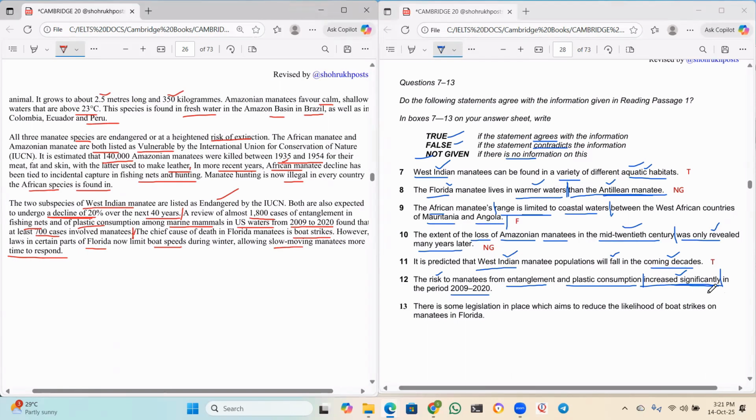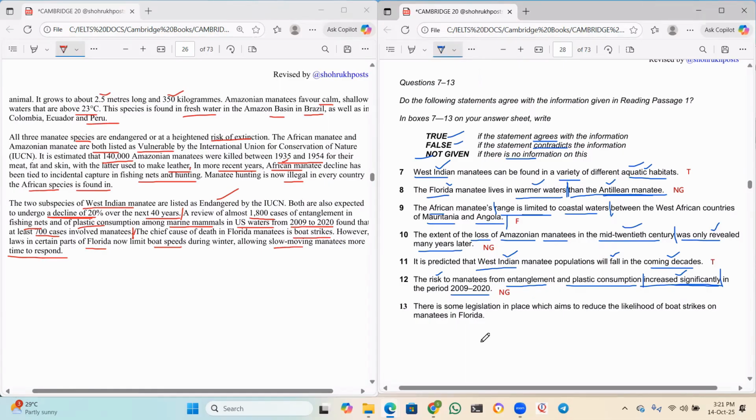We don't know whether it has increased or decreased in that period. No, it is not given there. This is just a review of whatever cases they found, but they did not reveal any risk, something like the risk has increased or decreased. Nowhere he spoke about that. So it is not possible to answer from the information given in the paragraph. So what is our answer, guys? Here should be not given, right?